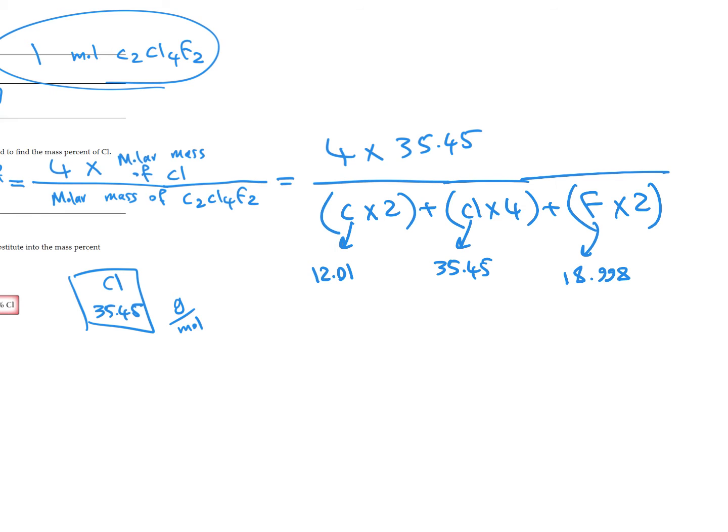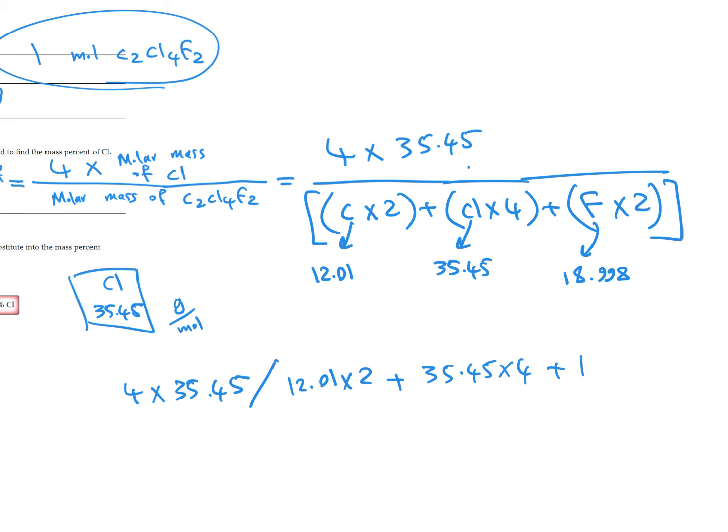But remember, if you're putting these numbers directly into the calculator, you should put parentheses around your denominator. If you put the numbers in the calculator like this, divided by 12.01 multiplied by 2 plus 35, if you don't use parentheses, your calculator first does this and then divides that by this, because first we should take care of division and multiplication, then addition, subtraction, remember?